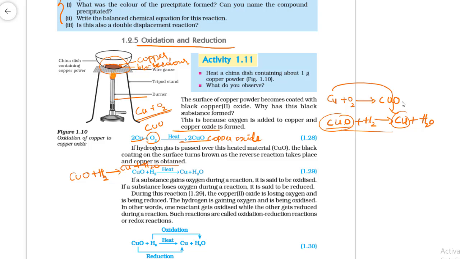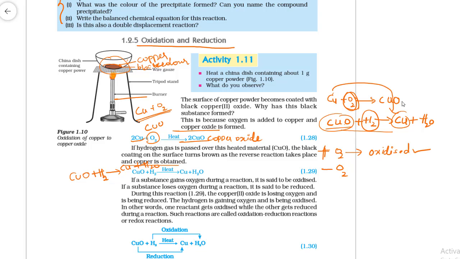Now what happened here? The main things here are oxygen and hydrogen. When a substance reacts with oxygen, we say the substance is oxidized. If a substance gains oxygen, we say it is oxidized.